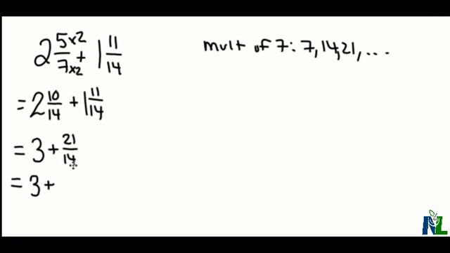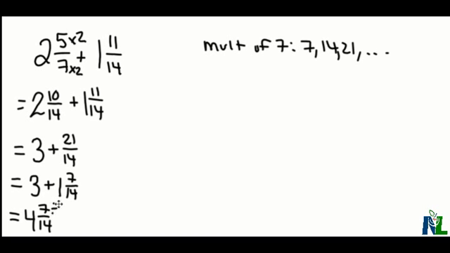3 plus 14 fits into 21 one time with 7/14 left over. So if we add our whole numbers now, we actually have 4 and 7/14. But you should all notice by now that 7/14 is not in simplest form.